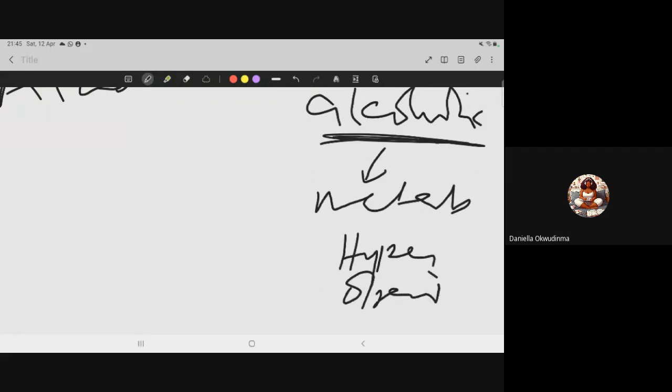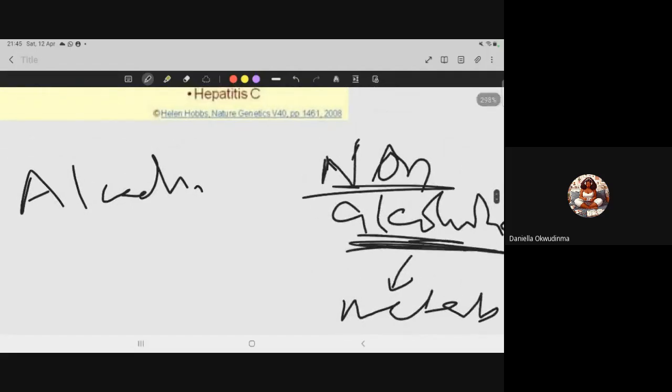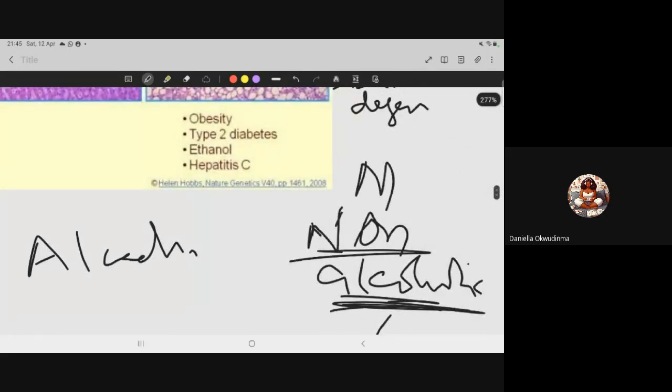Nowadays they have changed the name of non-alcoholic fatty liver disease to metabolic fatty liver disease, like MAFLD. I hope you guys understand this. That's the only thing for these two disorders that you have to keep in mind.